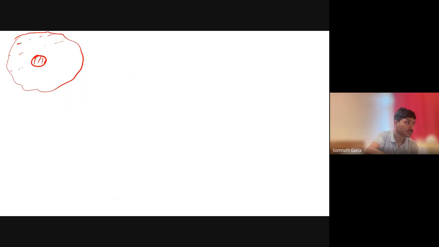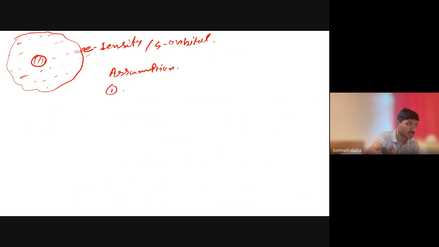This is called a monopole, and we are taking an assumption that my nucleus is spherical in nature.